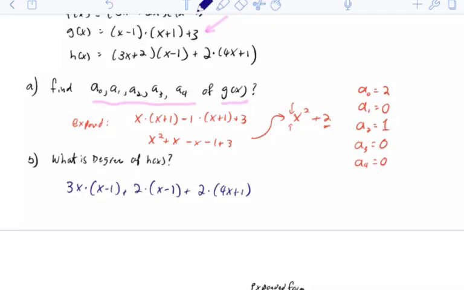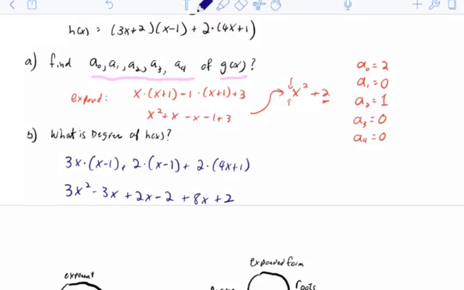Alright, so then that's 3x squared minus 3x plus 2x minus 2 plus 8x plus 2. And then put them all together. So this is 3x squared, now all the x to the power 1 terms. Minus 3x plus 2x plus 8x minus 2 plus 2.